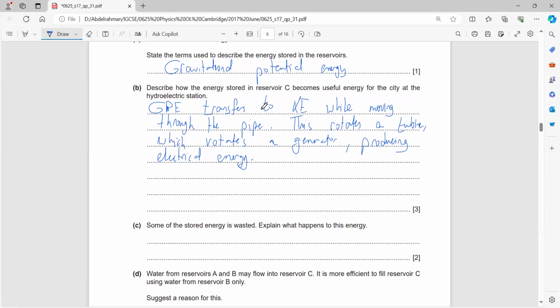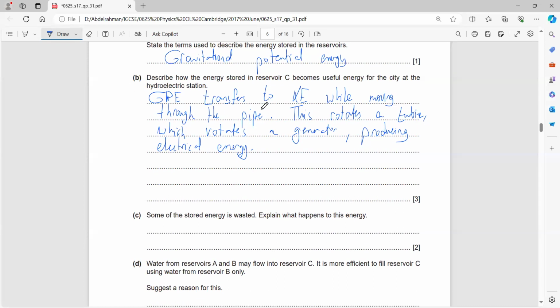Some of the stored energy is wasted. Definitely, we have some wasted energy. Where do you think this wasted energy goes? You have to state the type of energy and where it is lost. Where is it dissipated?